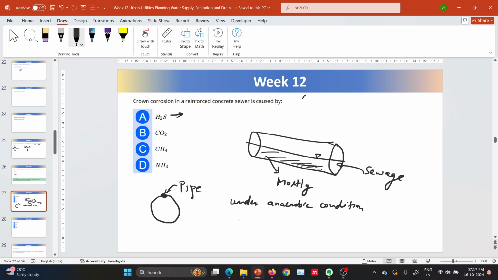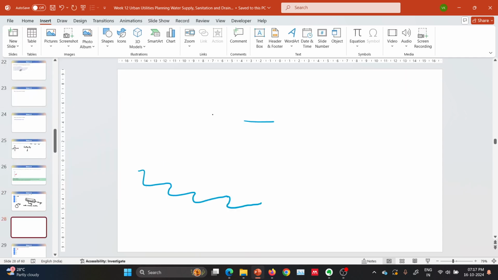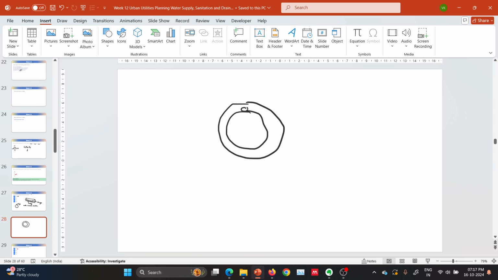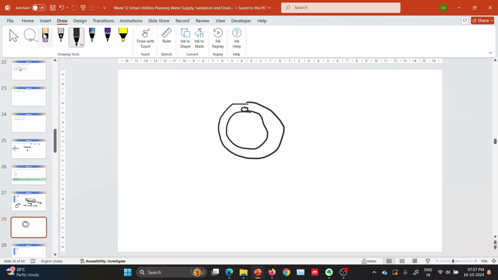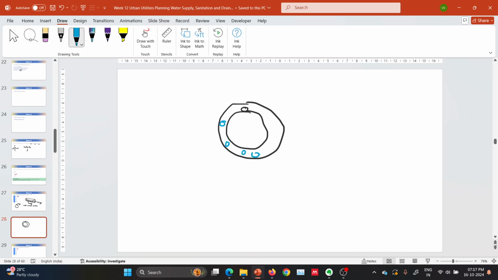So the pipes are made of concrete with reinforcing bars, that you can understand.